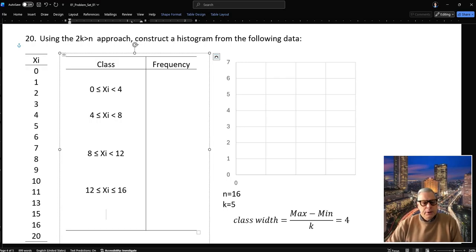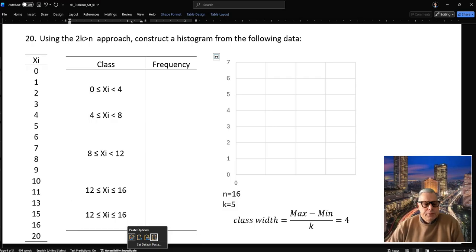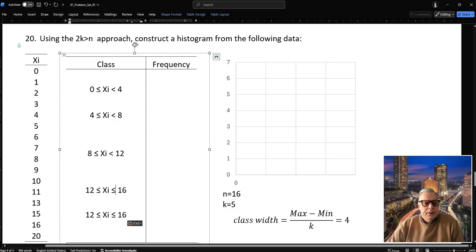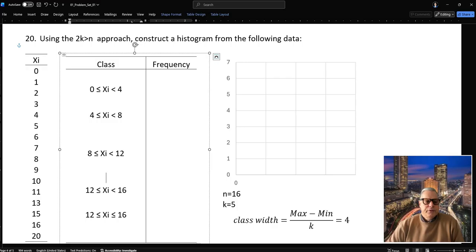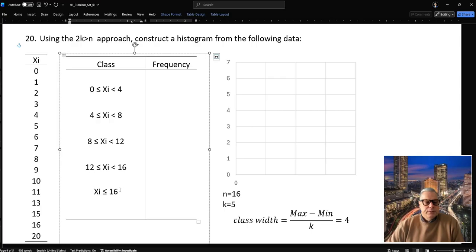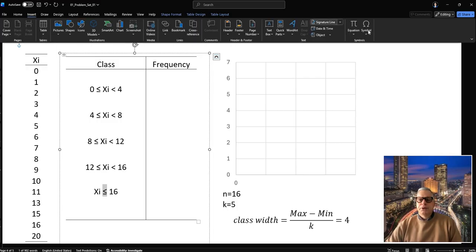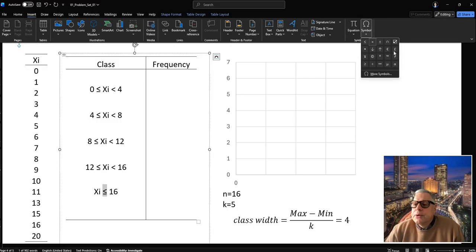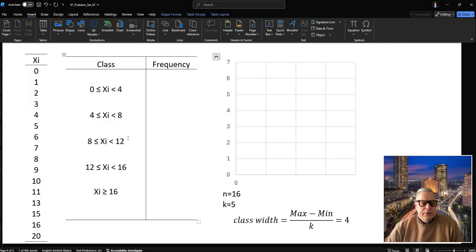And the final one is xi greater than or equal to 16, so let's insert that correct symbol.